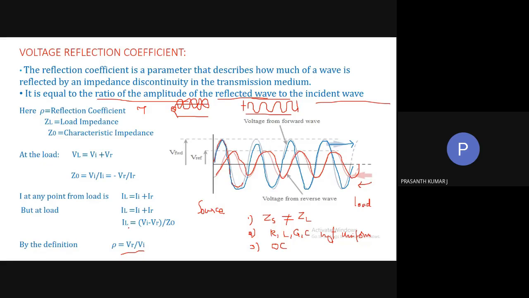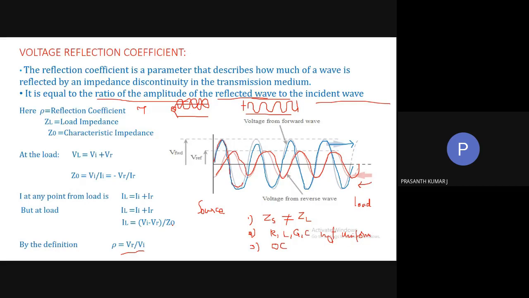Now this can be written as: what is II, the incident current, equal to? VI by Z0. And what is IR from this equation? IR is minus VR by Z0. So IL can be written as VI minus VR by Z0.